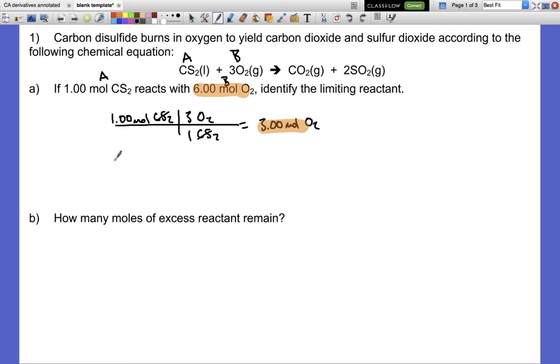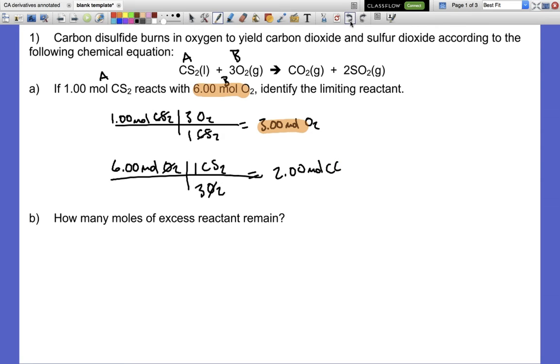But I'm also going to do the other work just because I usually have to. 6.00 moles of oxygen. How many moles of CS2 would be needed to react with that? Sorry, that C looked funny. Again, same idea, just flip your ratio. This time I get an answer of 2 moles CS2.